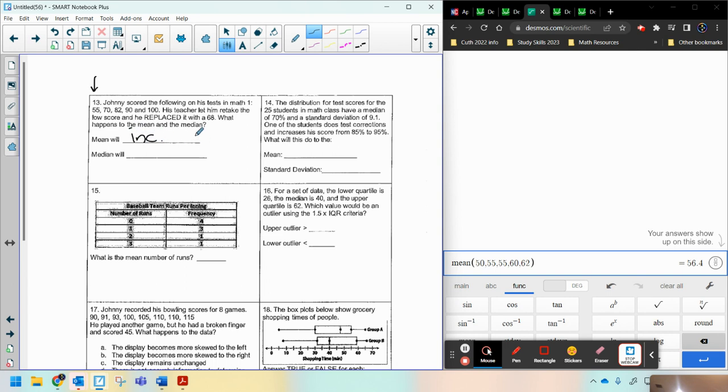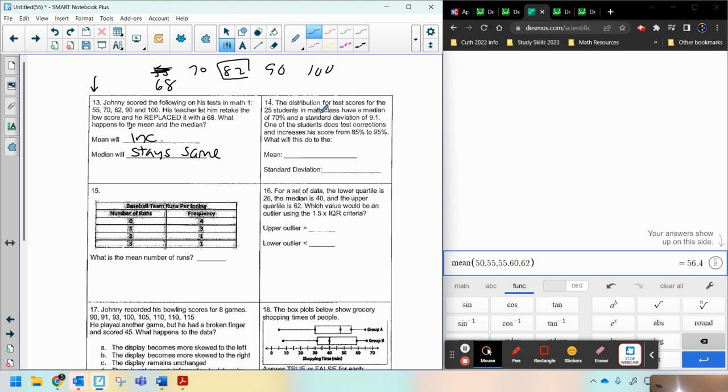What do you think is going to happen with the median? Well, let's test it out. We have 55, 70, 82, 90, 100. The median is 82. Let's throw out the 55 and replace it with a 68. The median is still 82. Stays the same.